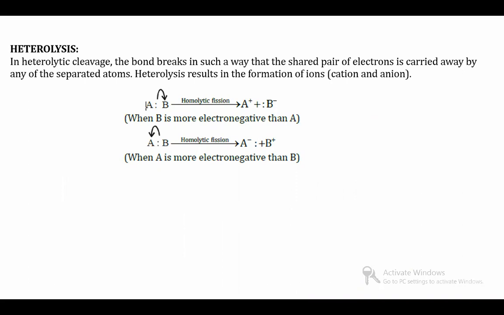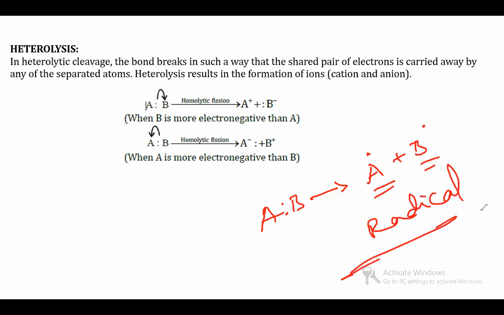If AB is a molecule, it has one electron from A and another electron from B. With the cleavage taking place equally, it forms A dot plus B dot. A dot plus B dot we call radicals. This is homolysis.